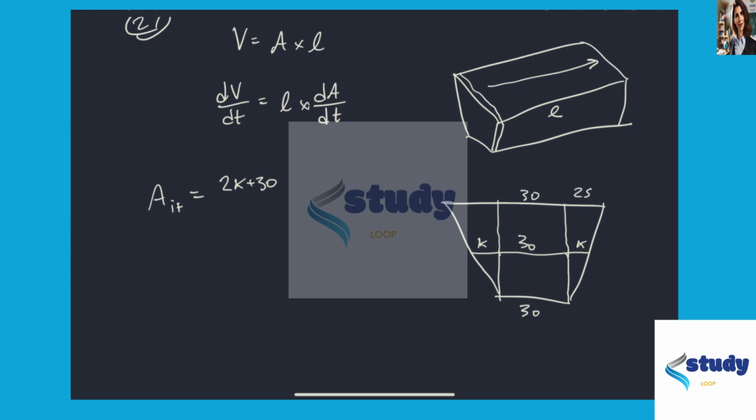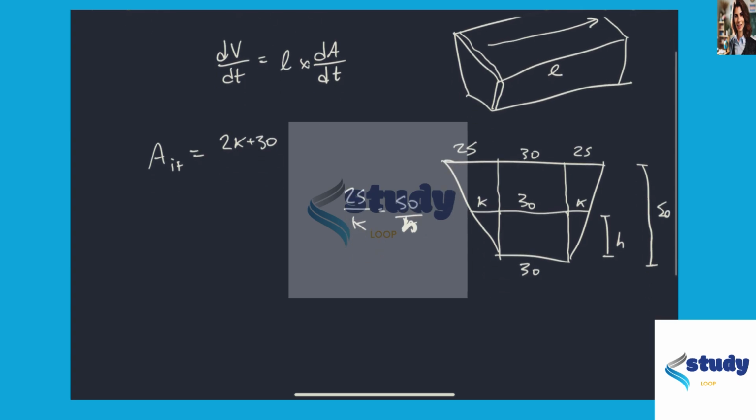This is going to be 25 and 25. Then we have right here the height, and then right here is going to be 50. So based on all of this, we know that 25 over k is equal to 50 over h. So knowing that, we see that h is equal to 2k.